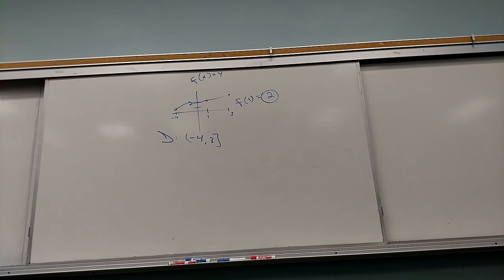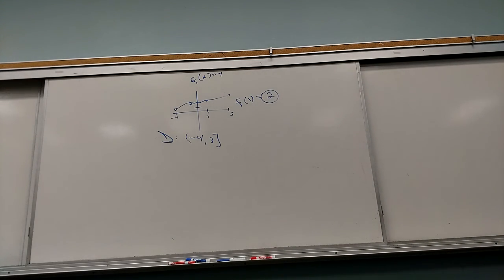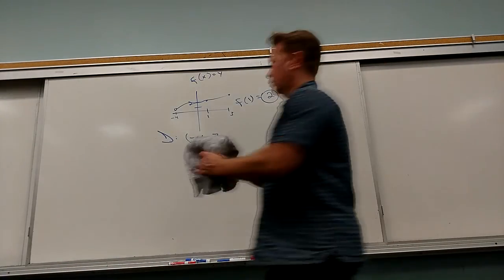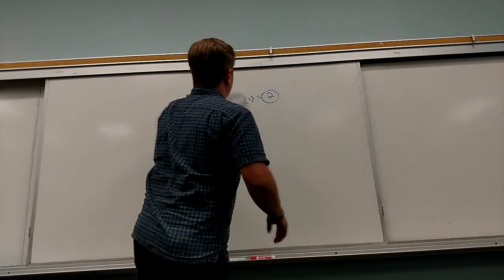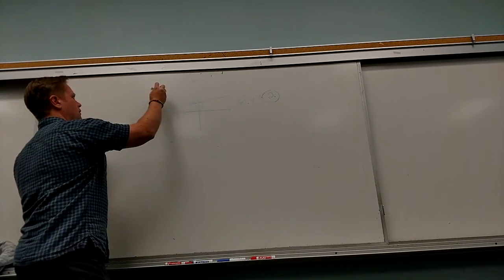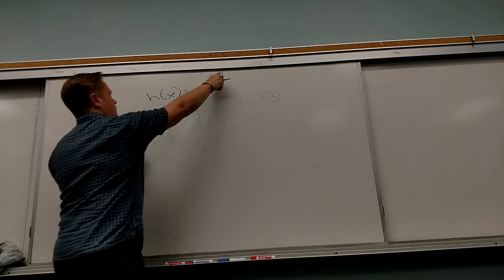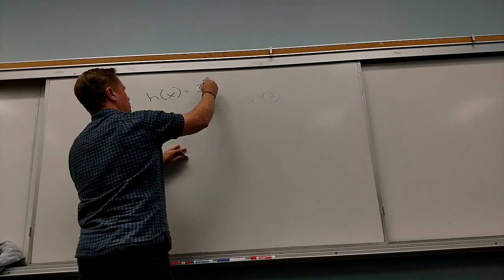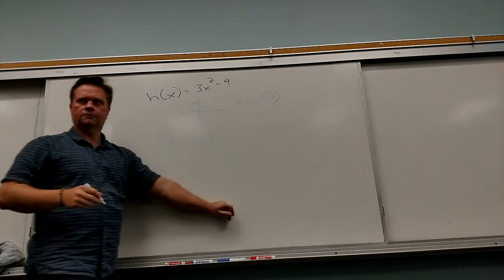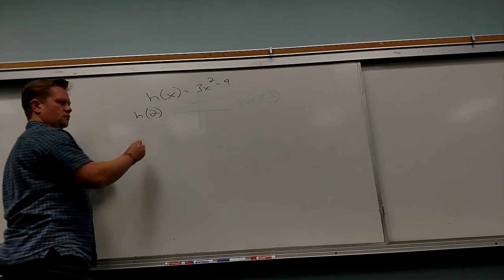2A. Then 2C. Every problem in number 2 was a substitution problem. Function notation really is just substitution. So if I give you a function, h of x is 3x squared minus 9, and I say, what is h of 2?